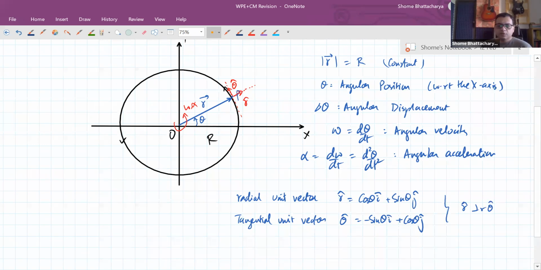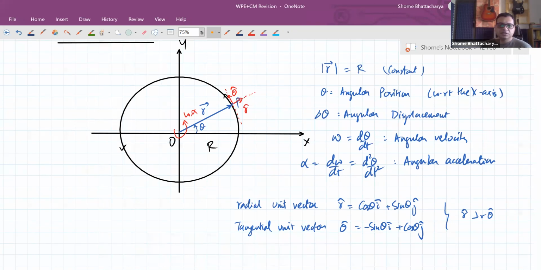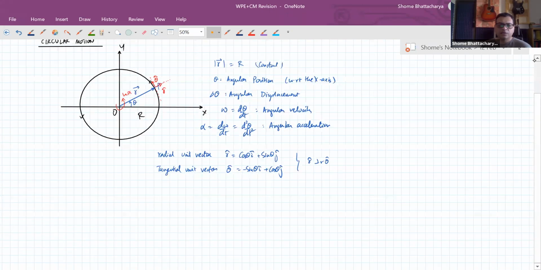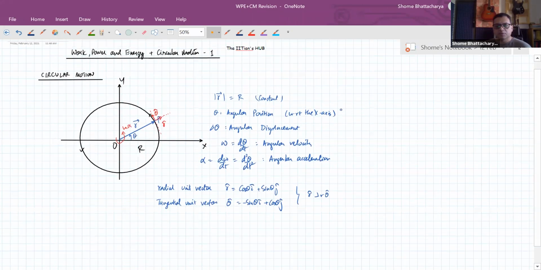So having done this, now we can relate the kinematical parameters such as position, velocity, acceleration, etc. with respect to the angular parameters. Okay. These parameters together are called the angular parameters of the circular motion. And now we can define the kinematical parameters like position, velocity, displacement, etc. in terms of these angular parameters.